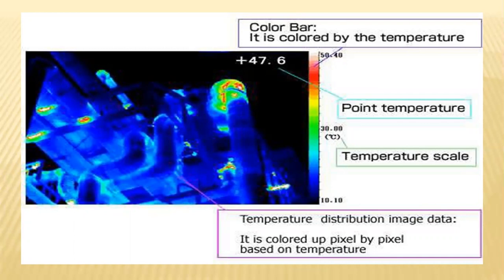The red color is used to identify the defects. The blue color clearly specifies that the infrared rays have passed through that particular material. The temperature scale is pointed with respect to different color orientations: green, yellow, and red.